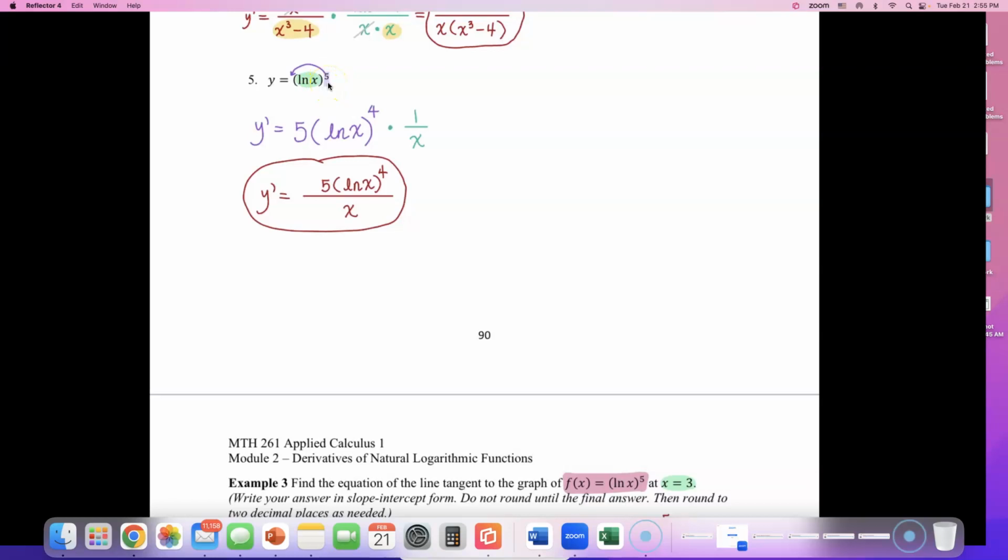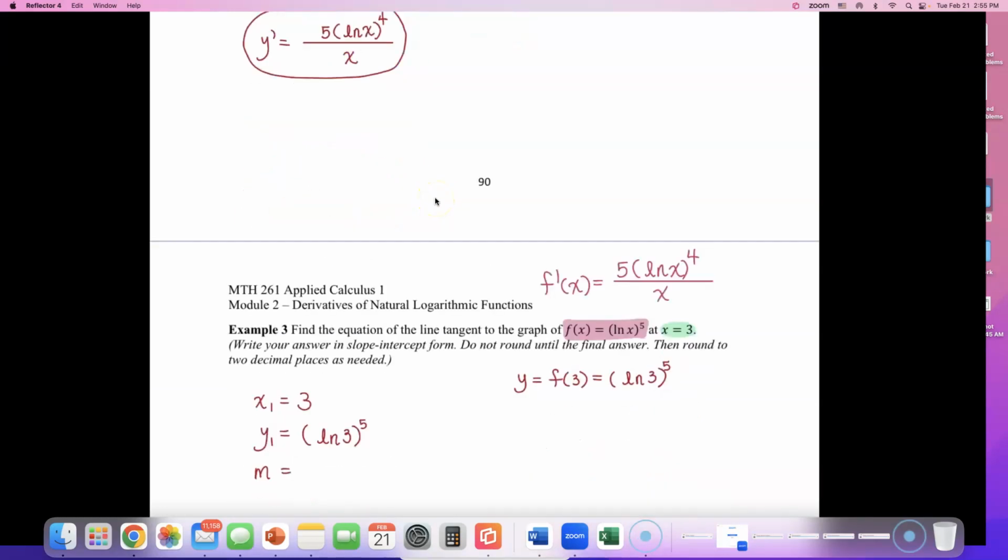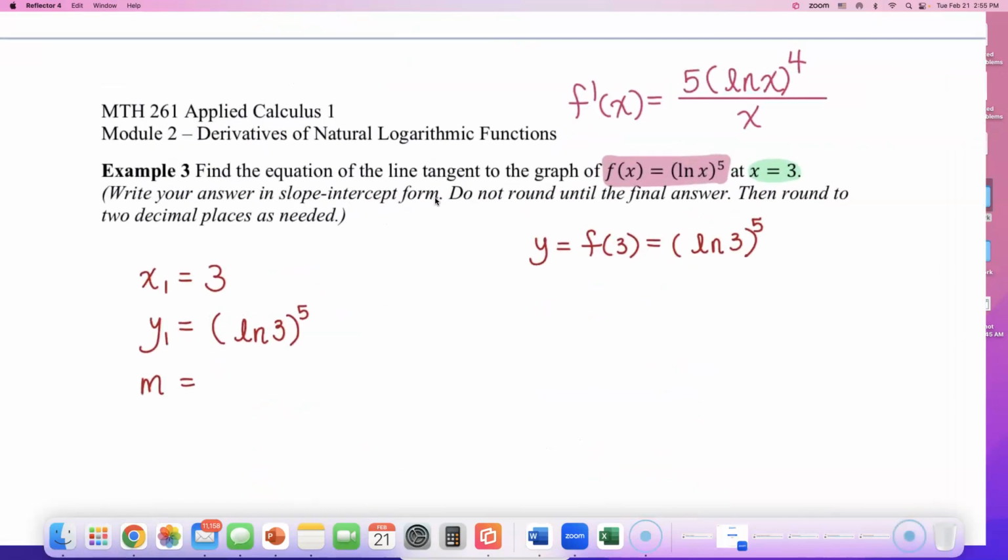And we did our work and found that the derivative is equal to, I'll write that down and we'll just use that, a fraction where we have x in the denominator and we had 5 times natural log of x raised to the 4th power on the numerator. I won't redo the whole thing because we did it in the previous video. So I'll just use that to find the slope, okay?